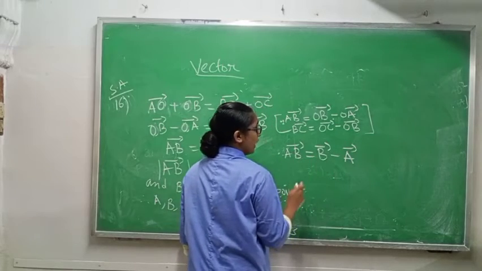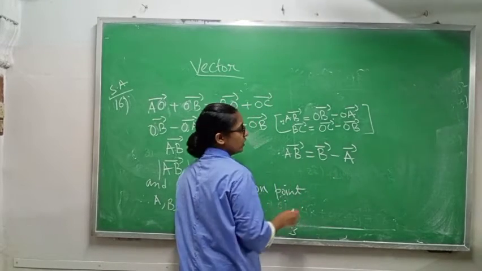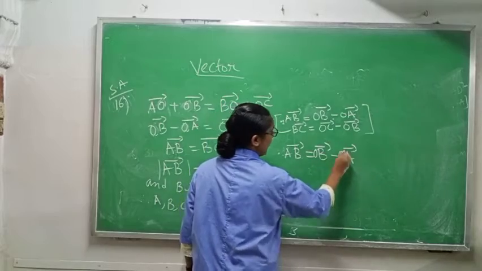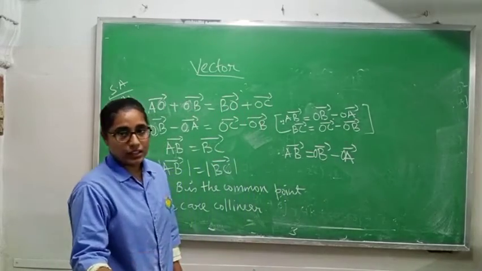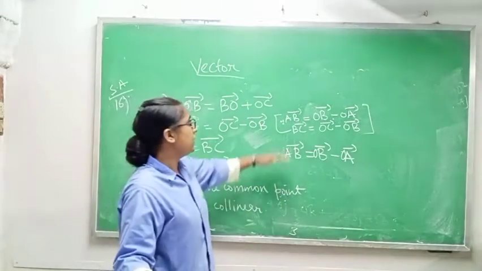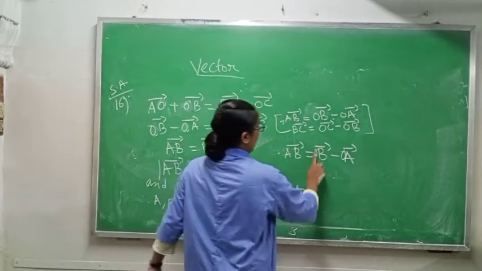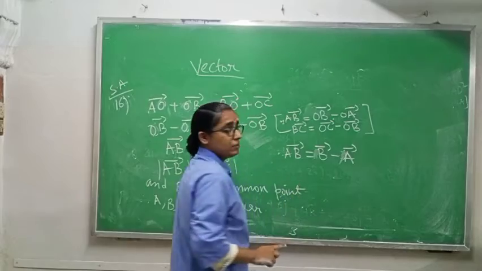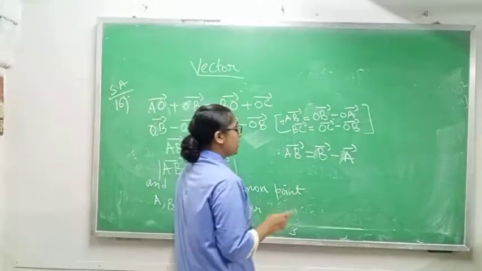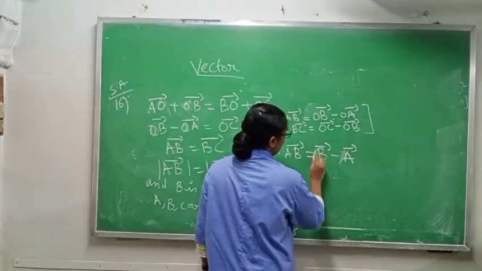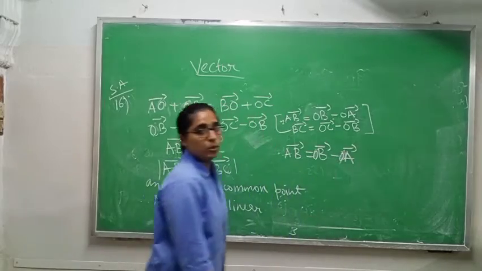Now if you are taking with respect to origin, at that time you have to add O on both sides. Understood? Again I am repeating, when I am writing position of AB vector, I always write B vector minus A vector. If you are taking with respect to origin, then you have to add origin with both.